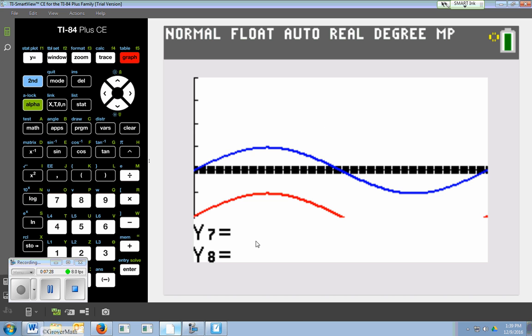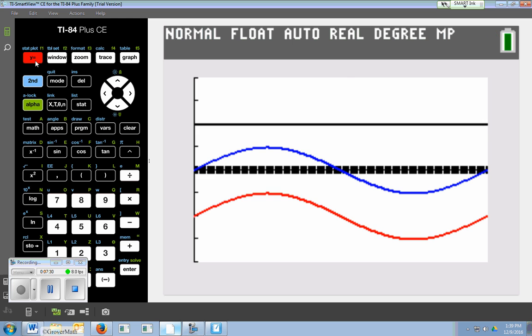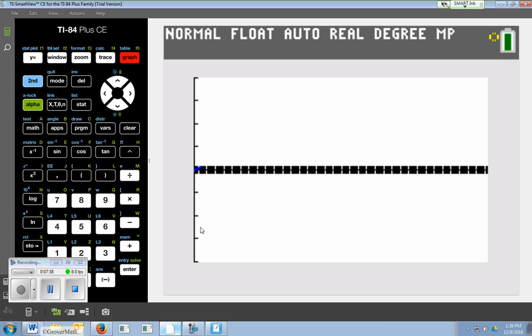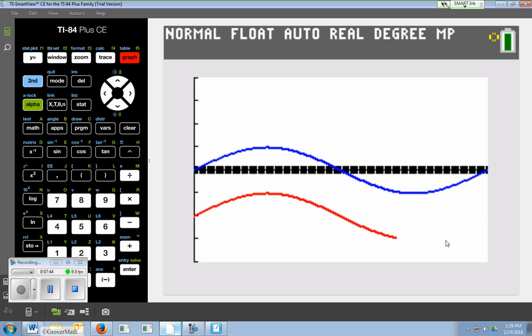Let's do y equals -2. You'll see that that line is the midline of this graph that shifted down 2. And it actually works out that whatever your vertical translation is, that is the equation of your midline.